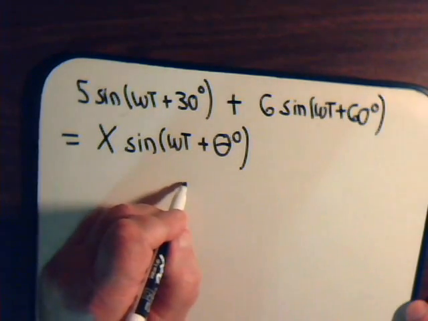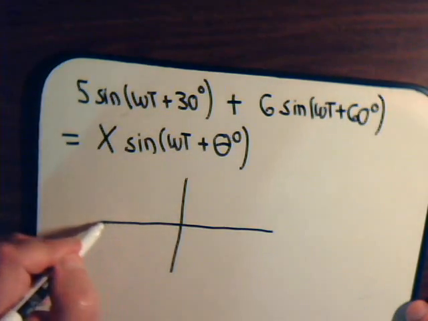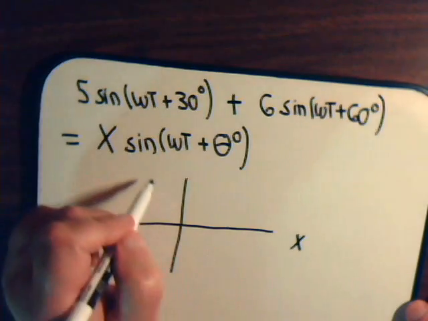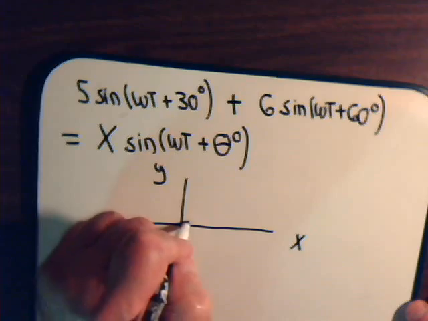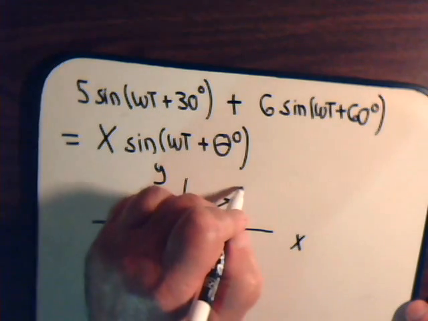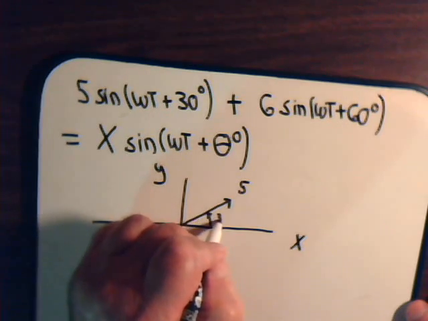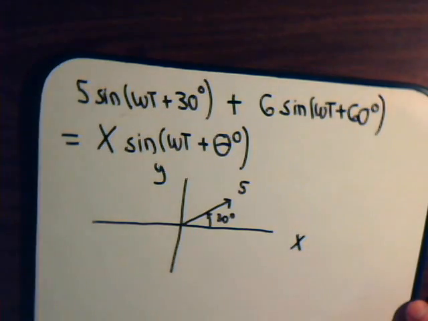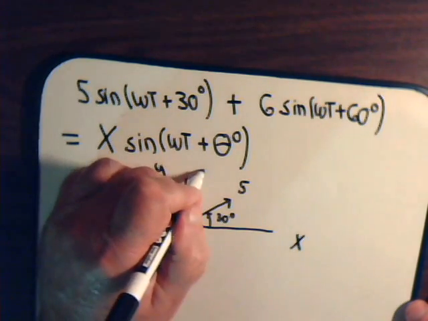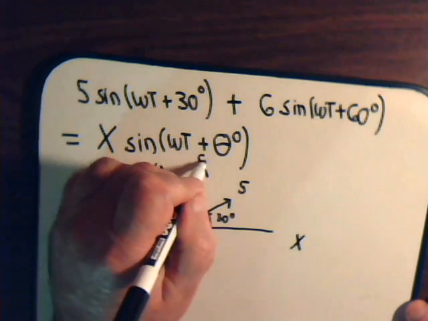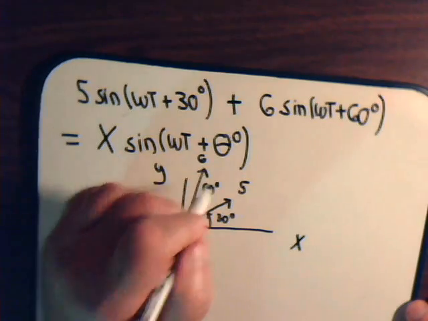Let's consider it like this, with an x and y axis. So we have this one, magnitude 5, angle 30 degrees, and we have this one, magnitude 6, and a phase angle of 60 degrees.